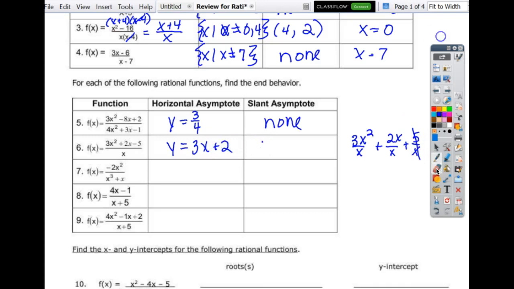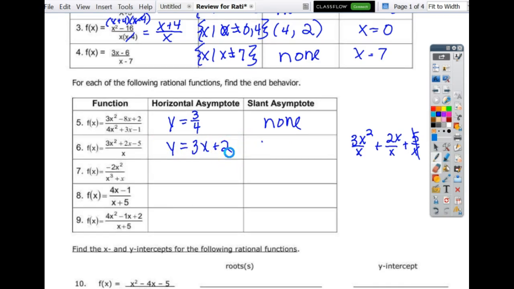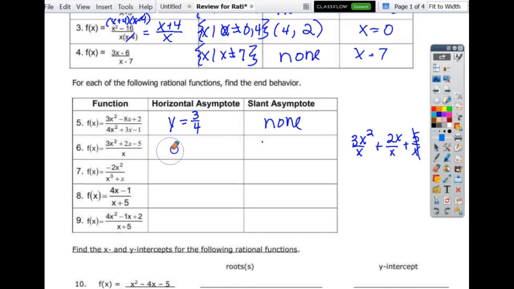Oh, I put it in the wrong. Yep, sorry, guys. 1 over. And there's none here.